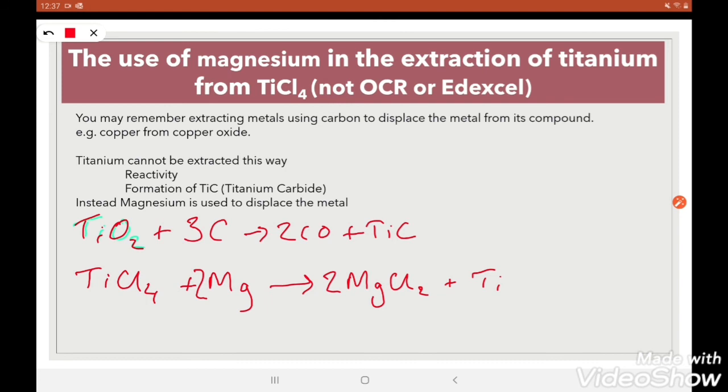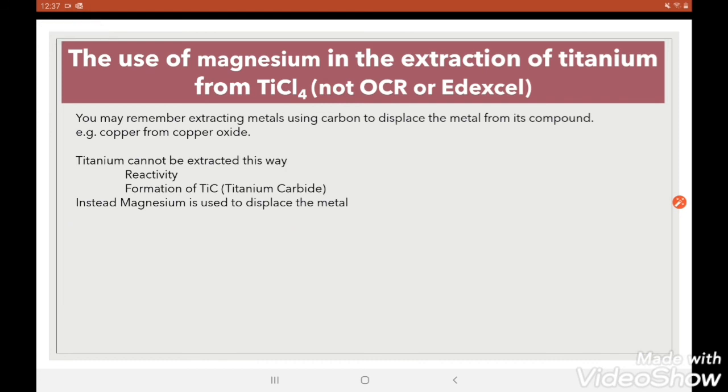So this is the main idea here. It's just the use of magnesium, this group 2 metal, to displace titanium from titanium chloride. A lot of the details you don't really need to know, just be able to explain what's gone on there.